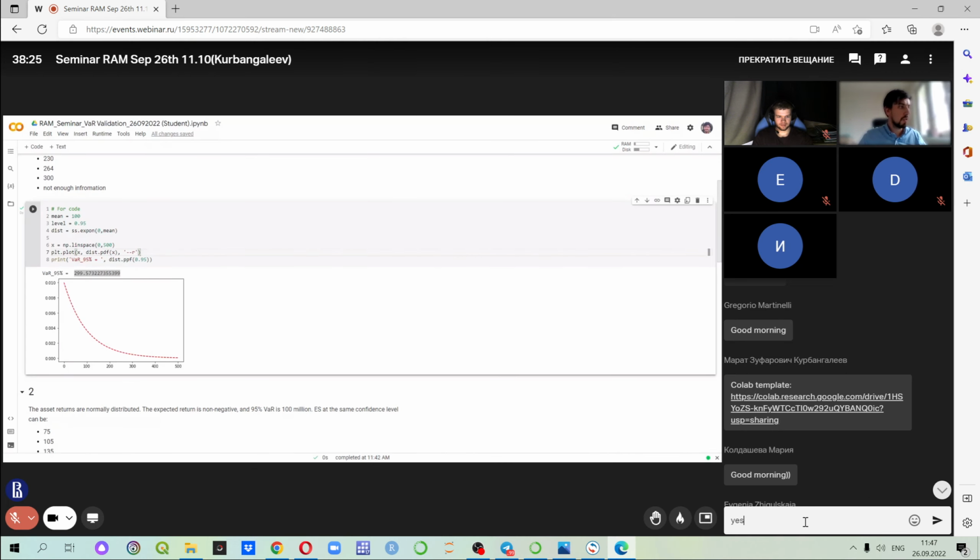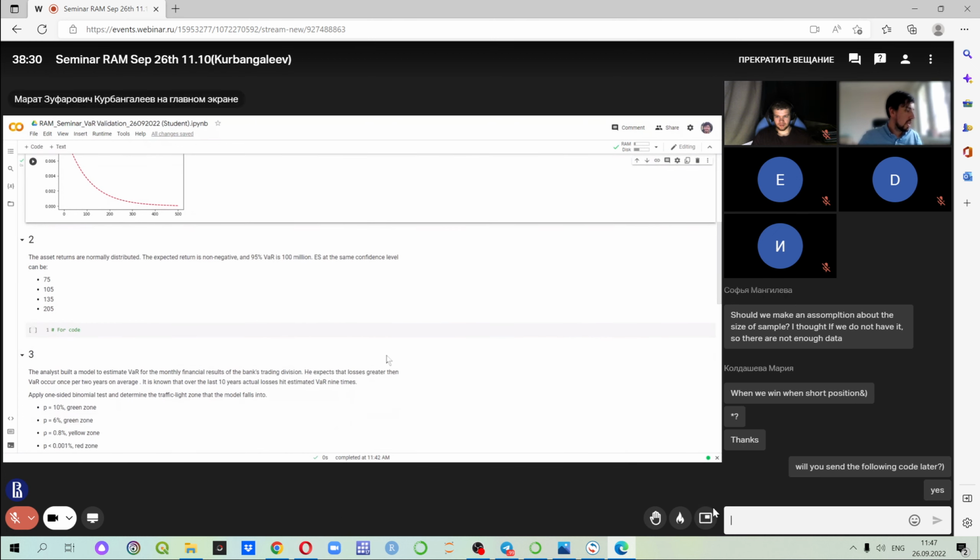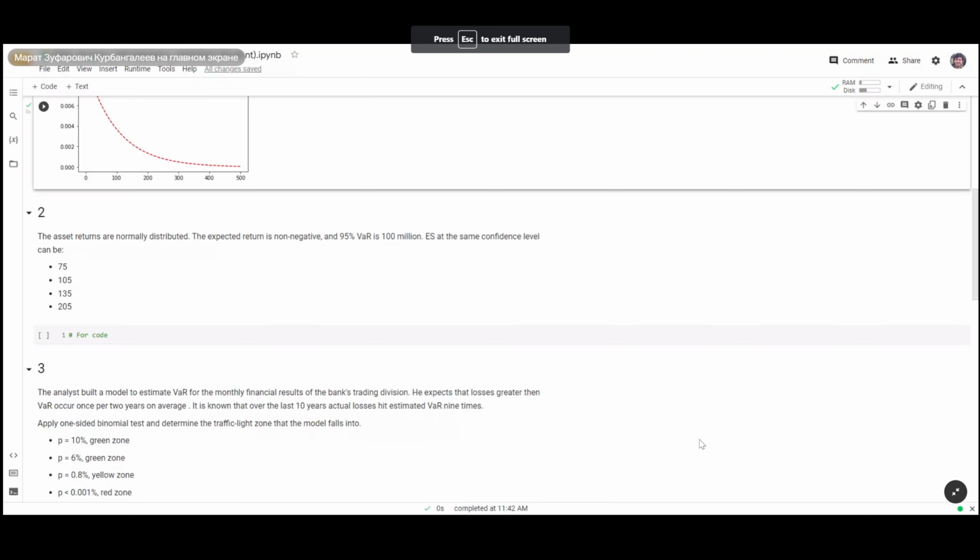Yes, thank you. Great. Now let's move to the second problem, and this problem is a little more tricky. What we know is that asset returns are normally distributed, and we're aware of some constraints on expected return. Expected return is non-negative, so we're not expecting losses. Typically, we expect to gain something, or at least not to lose anything.